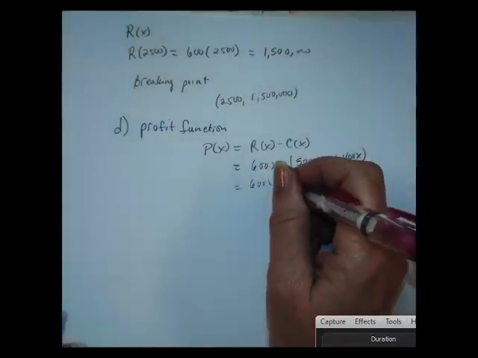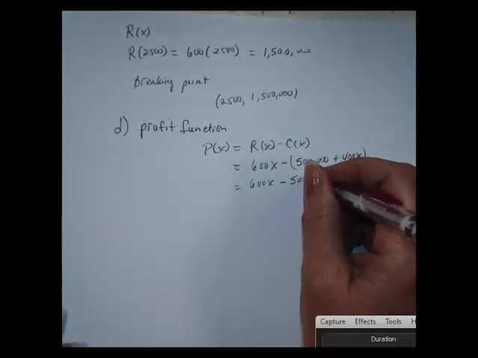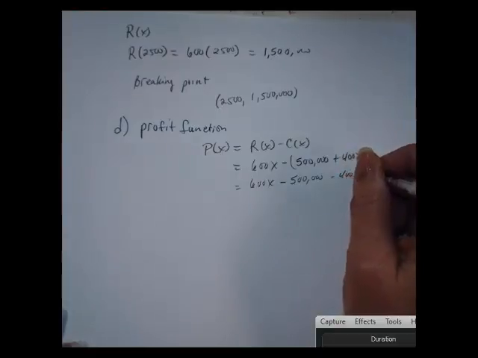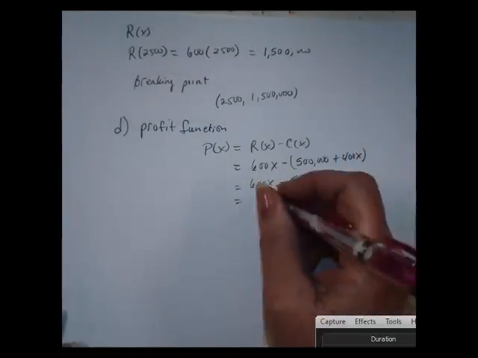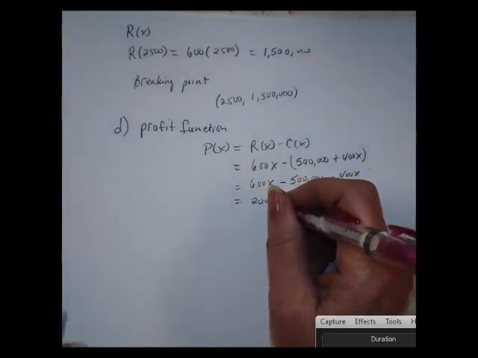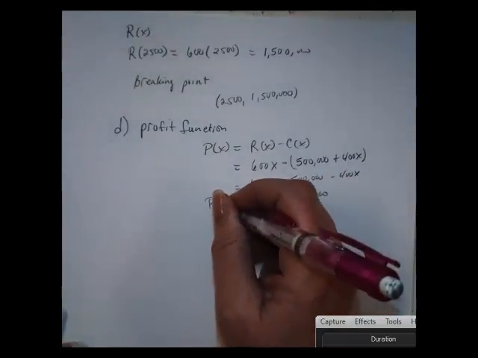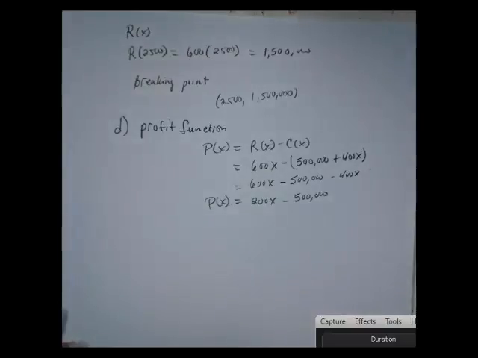So 600X minus 500,000 minus 400X. So this will get us, combining like terms, 200X minus 500,000. So that is our profit function. And that will be the end of 5.1.